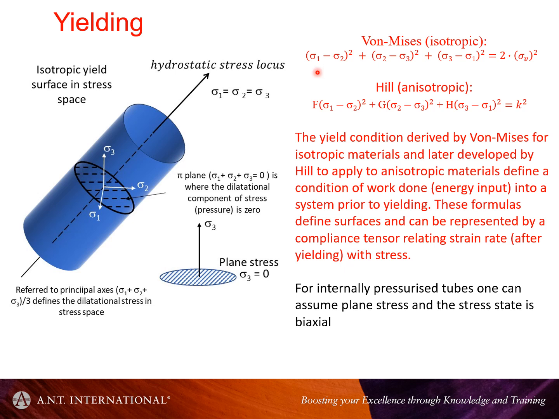This is the tensile component of the stress perpendicular to a given direction. So we have 3 directions, 1, 2, 3 in an orthogonal system. When you take the stress in each of the 3 orthogonal directions and compute it in this way, the product is equal to 2 times the von Mises stress, or the yield stress, squared.